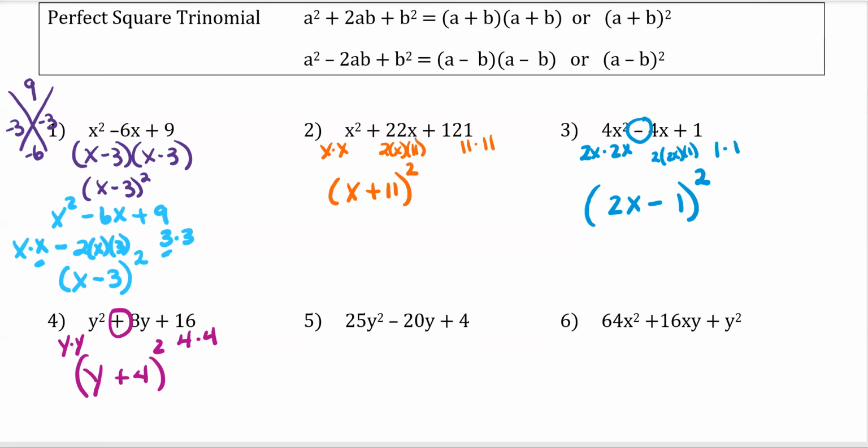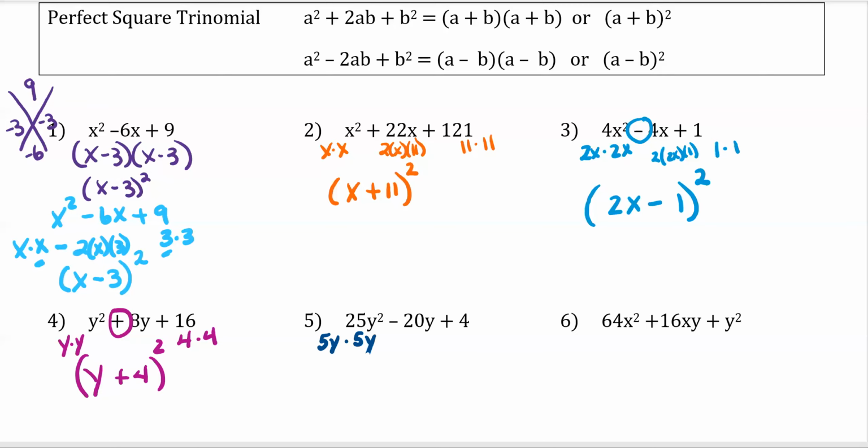Number 5, this is where this pattern can really help you, because the first 4, if you are using the AC method to factor, it wouldn't be much different. But for number 5, using the perfect square trinomial pattern could really save some time, possibly. So 25 is 5 times 5.